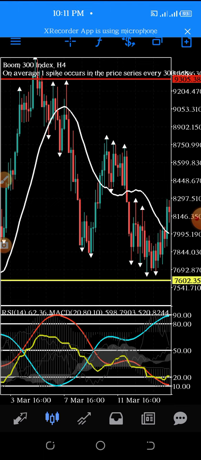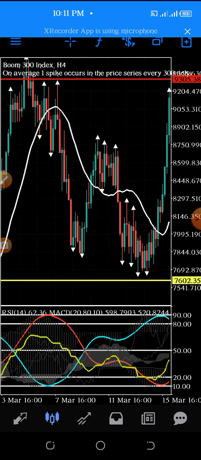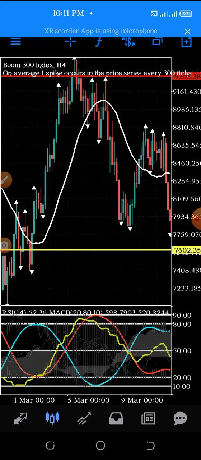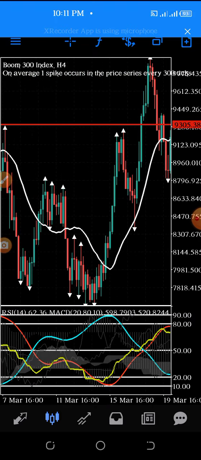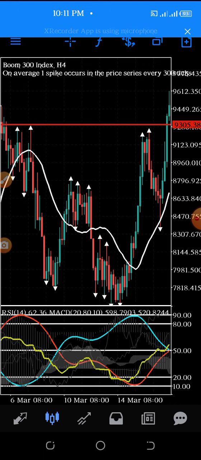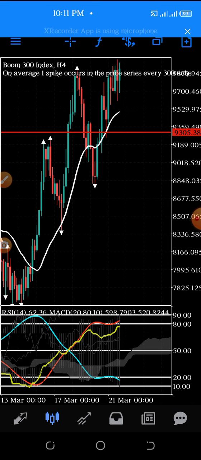So let's define. I've told you before now that this yellow line is the support zone, support. And this red line up here is the resistance zone. So let's define the support zone or support level.